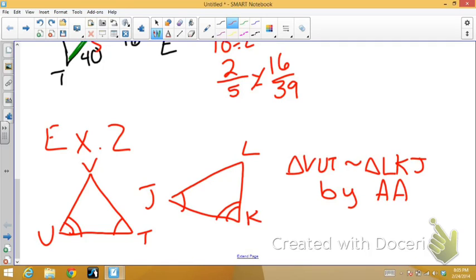So we can now prove triangles are similar. If it was a side, side, side, we'd have to prove that all 3 side ratios are the same. We can also again find missing side lengths or solve for x.